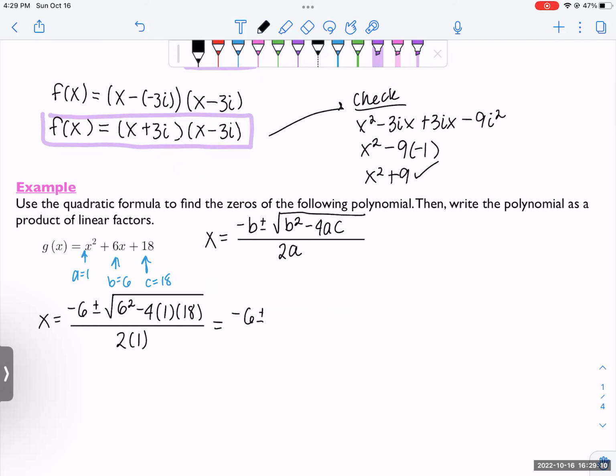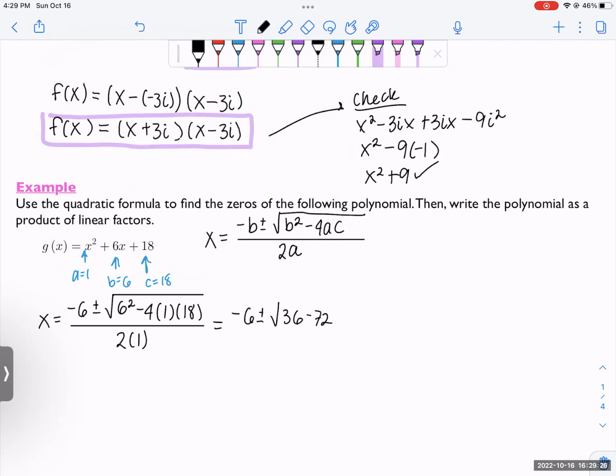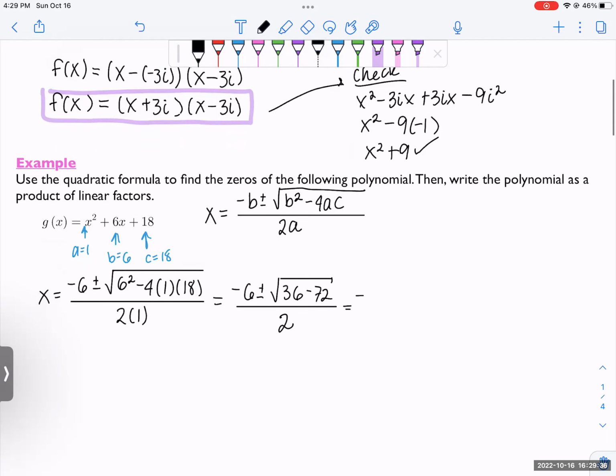Simplifying, we have -6 plus or minus the square root of 36 minus 4 times 18, 72. Well, you know what? I'm grabbing my calculator, making sure. 72, good job. Good job, me. Minus 72, all over 2. This is -6 plus or minus the square root of -36 all over 2.